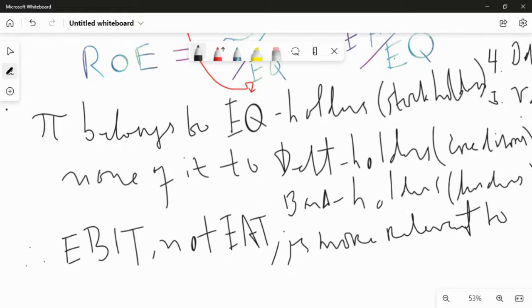EBIT, not EAT, is more relevant to the debt holders. And then obviously the formula would be more meaningful for the debt holders with EBIT on top, right?